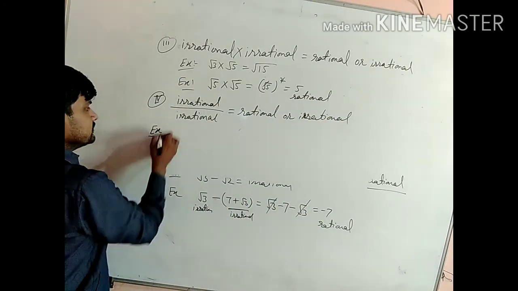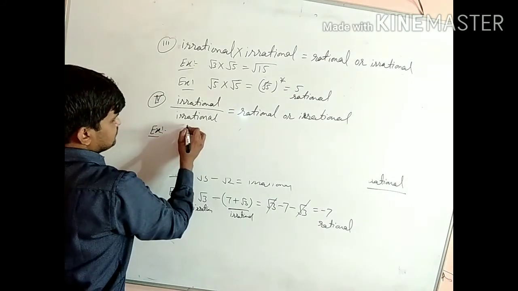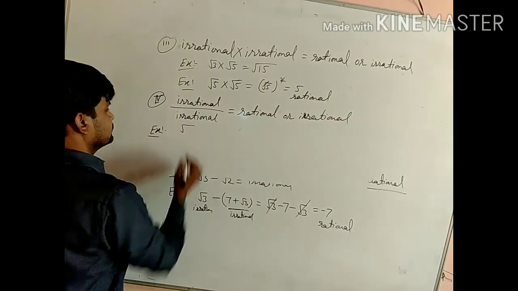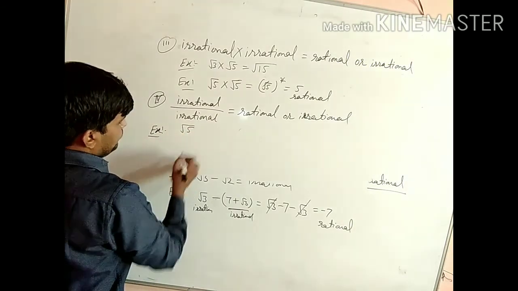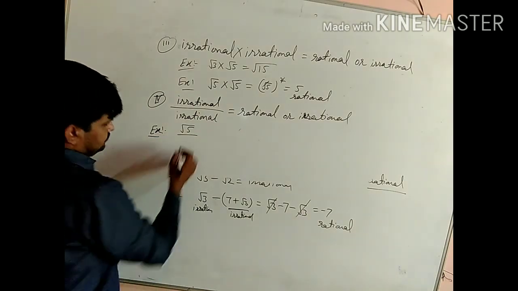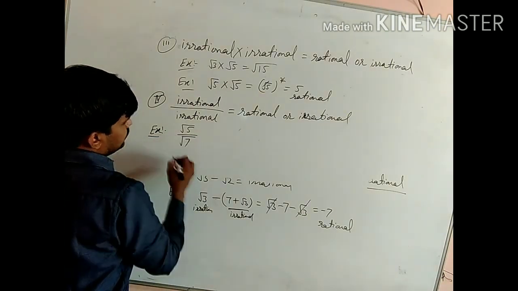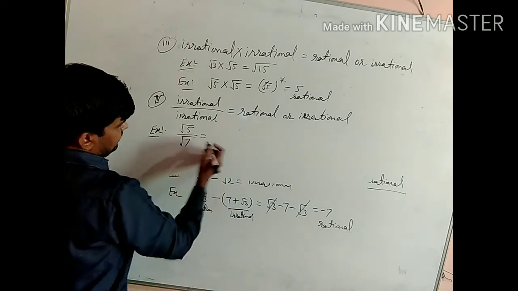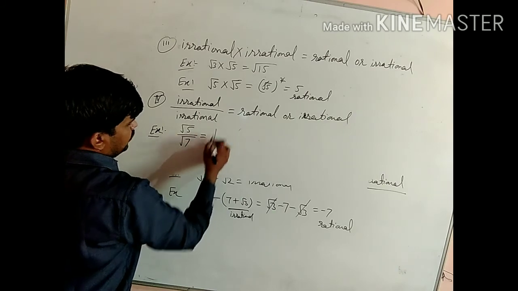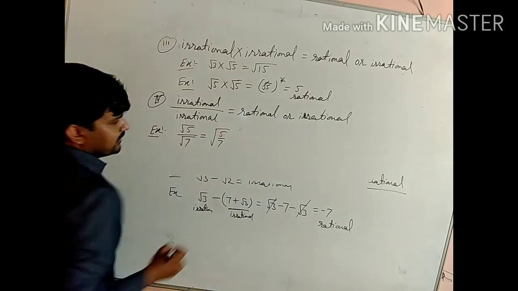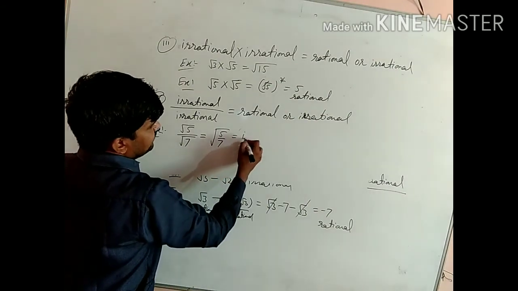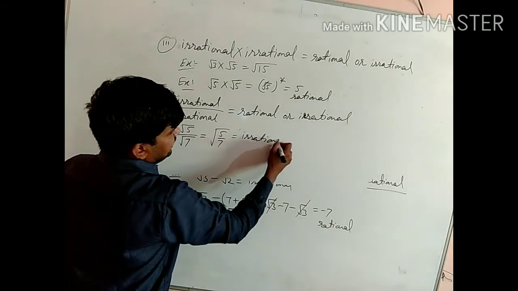If we see root 5 upon root 7, so we get root 5 upon 7. So this number is irrational.